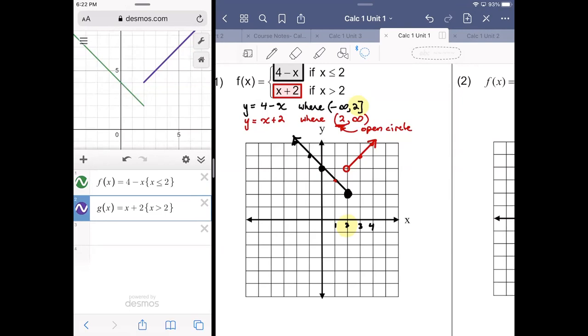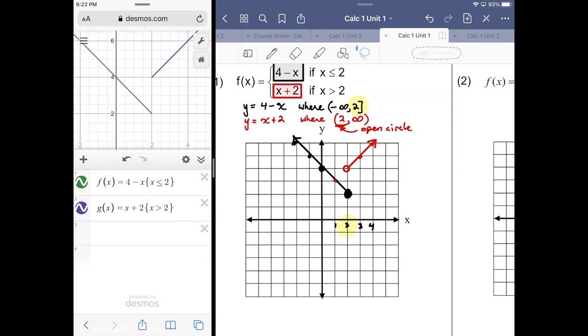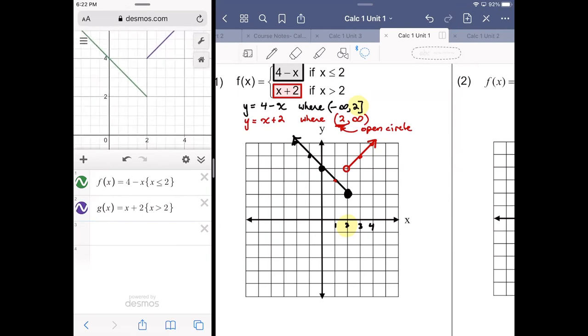So a little nifty trick. Let's say you're doing a problem on the test and you have to create a piecewise graph in order to find limits or do something else with it. One thing that you could do, it's a little bit of a hack, but it gets the job done, is plot a point at each one of those endpoints. You could get those points just by looking at Desmos, zoom in if you're not sure.